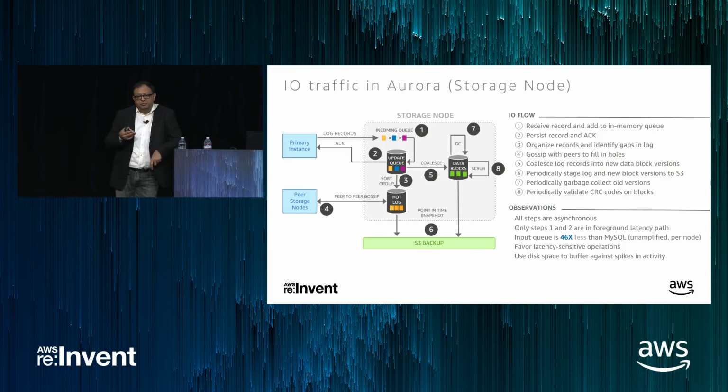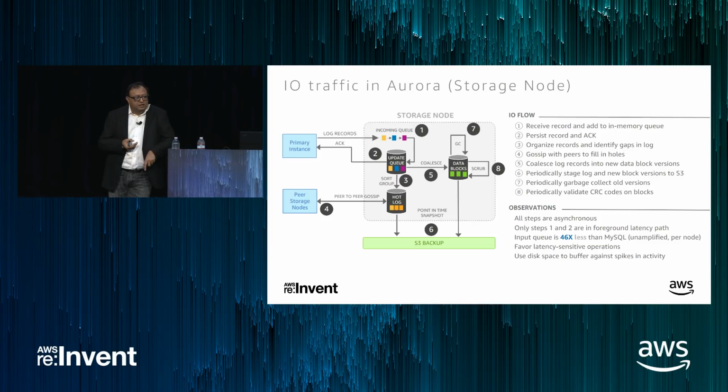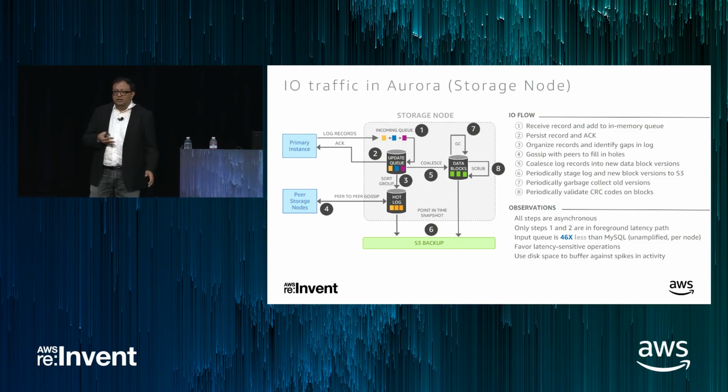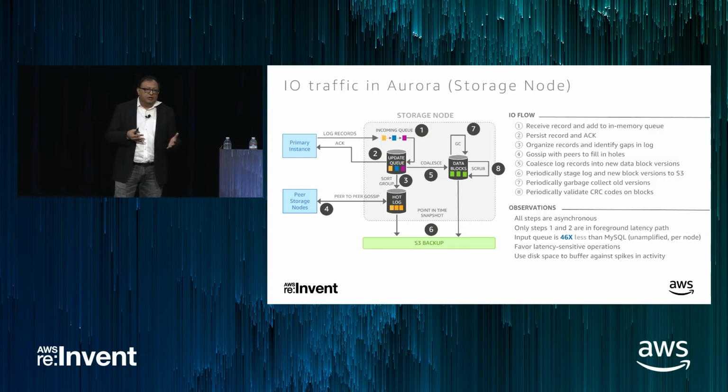The input queue, dividing that prior number 7.7 by 6, because every storage node is only seeing 1/6 of the writes, right? The input queue is 46 times less than MySQL, right? And we're favoring the latency sensitive operations, and we're basically doing everything else in the background, which gives you this trade-off between latency and space.